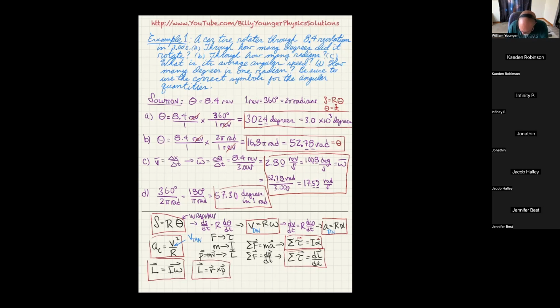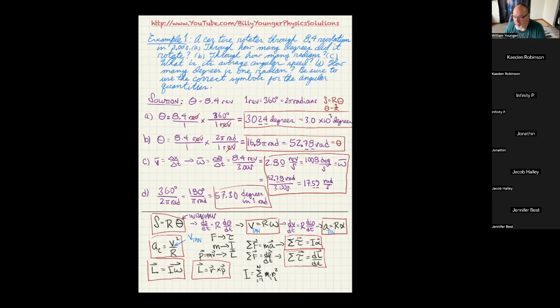Now, obviously, if we want to know I and want to use I to calculate L, then we need to know what I is. So it turns out that if you have a bunch of discrete collections of masses, then it could be the summation from i equals 1 to n of m sub i r sub i squared, where r is really the distance perpendicular to the rotational axis from the rotational axis to the mass m sub i.